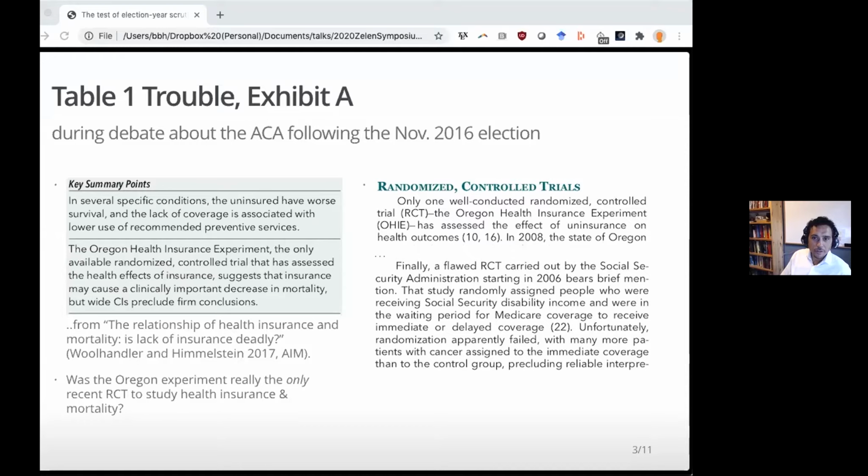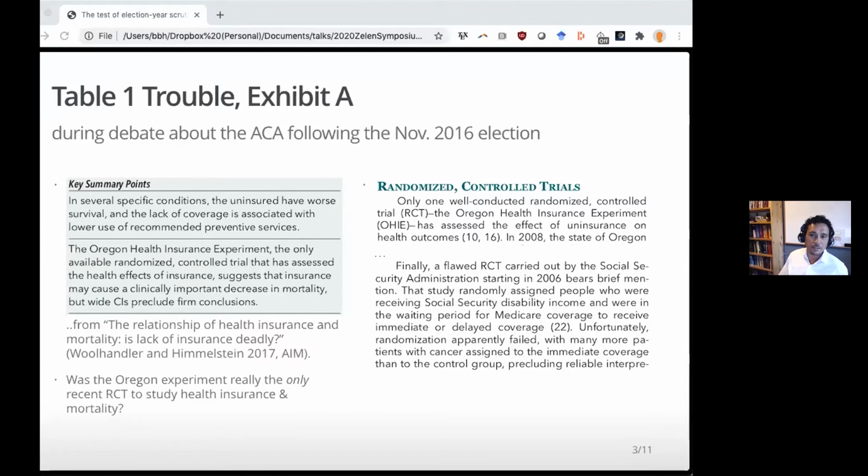So this one other experiment that's mentioned there is a flawed RCT, at least according to the authors of this lit review, that was carried out by the Social Security Administration. And in this flawed RCT, some randomly selected applicants to the disability program would receive extended Medicare benefits earlier than others.